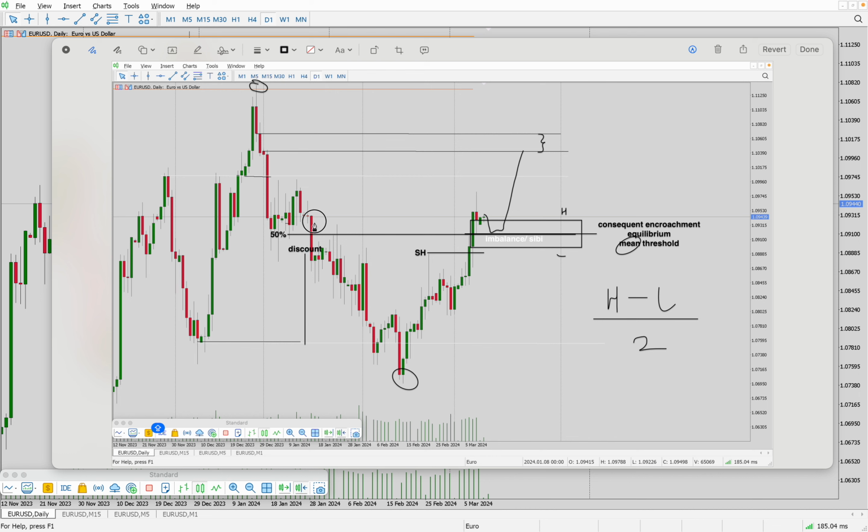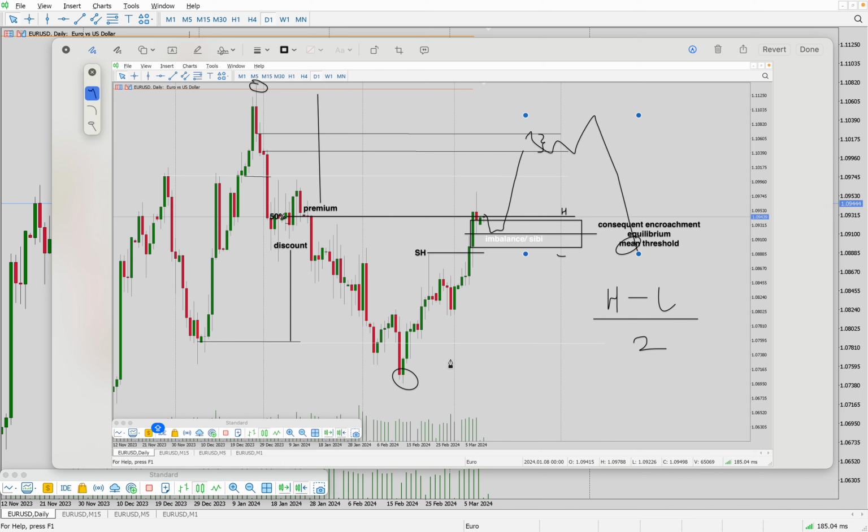And above 50% fib, that entire area in there is premium. Alright? So we're looking for price to be in premium before we can short or sell.